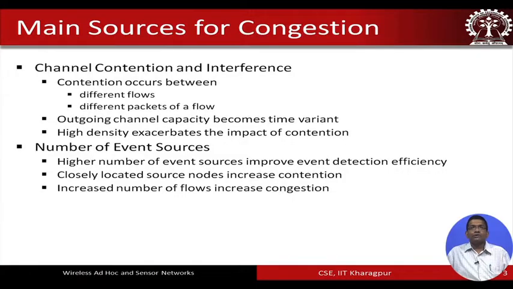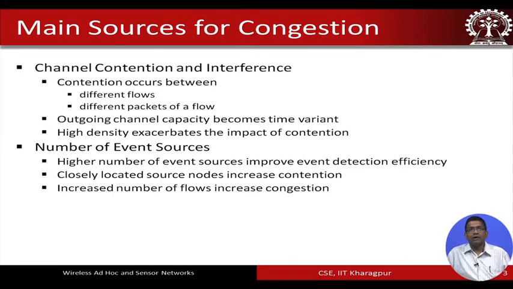So, what are the main sources of congestion? One thing is channel contention and interference, and this contention can occur in different ways. Contention can occur between different flows or even different packets of a single flow.